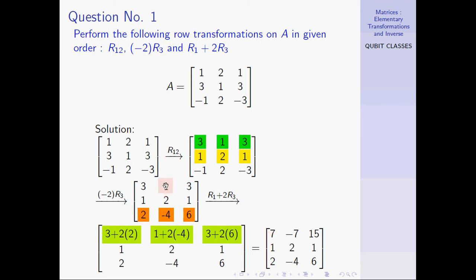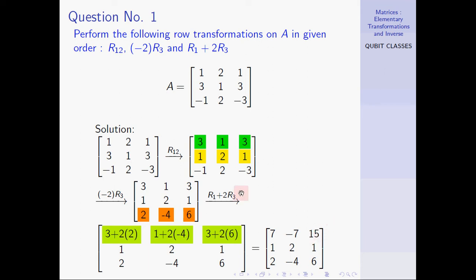Similarly, consider the second element in the first row and the second element in the third row. On performing R1 plus 2R3, this will give us 1 plus 2 into -4, so this will give us -7. And for the third element, we will do 3 plus 2 into 6, which is 3 plus 12, that is 15.